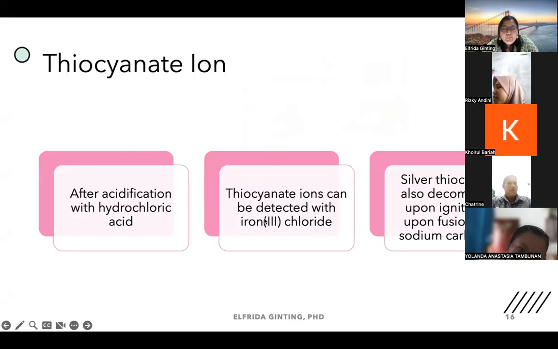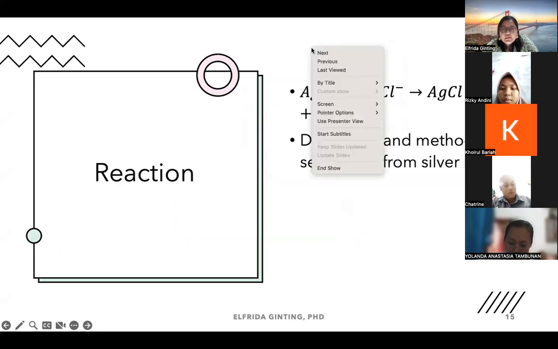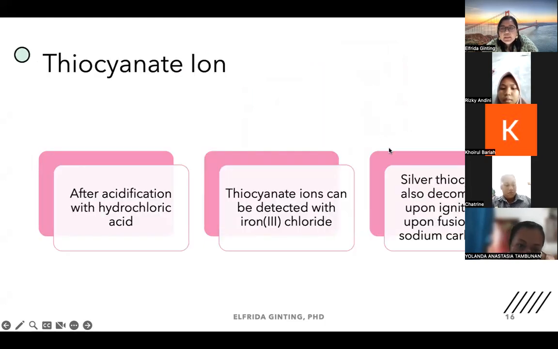When you mix iron trichloride with thiocyanate, you will see a color that can be detected. This is one way to detect thiocyanate, and for the other way, the silver thiocyanate, you can burn it, you can decompose it.